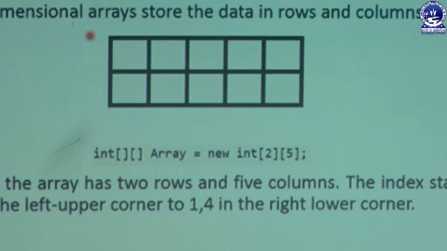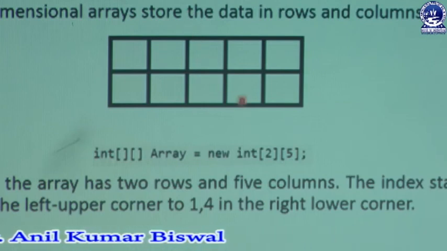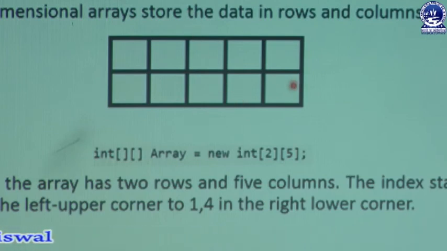Because the structure looks like this: we have a first row, then a second row, then 5 columns: first, second, third, fourth, and fifth. From a programming aspect, row size 2 means indices 0 and 1, and column size 5 means 0 to n minus 1, that is, 0 to 4.